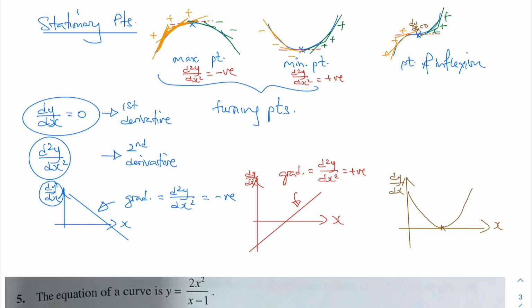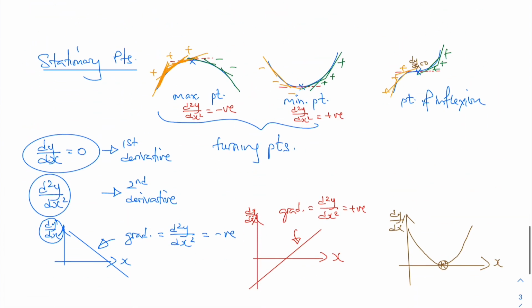I refrain from using a straight line for this case, so that I will avoid a sharp turn at this point. So at this point, dy/dx is 0. What can you say about the gradient d2y/dx squared? At this point, we are looking at the point of inflection.